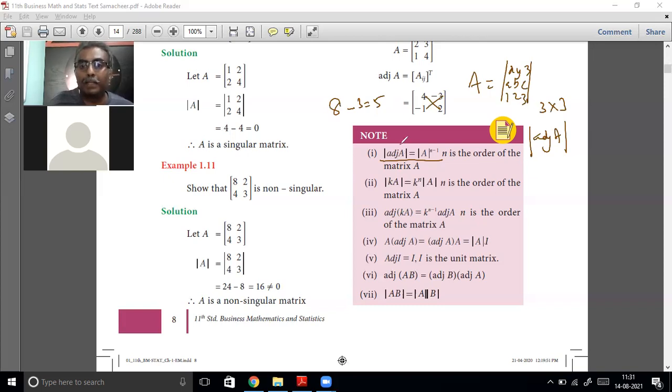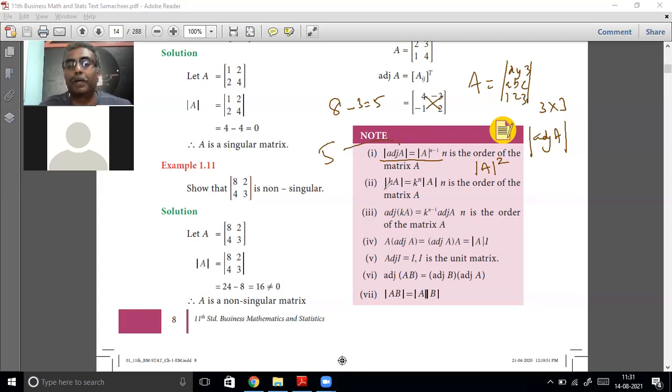So the determinant of the adjoint of A is 5. It says this will be the square of the determinant of A. This is a property. I don't know where they use it, so you don't have to bother about that.